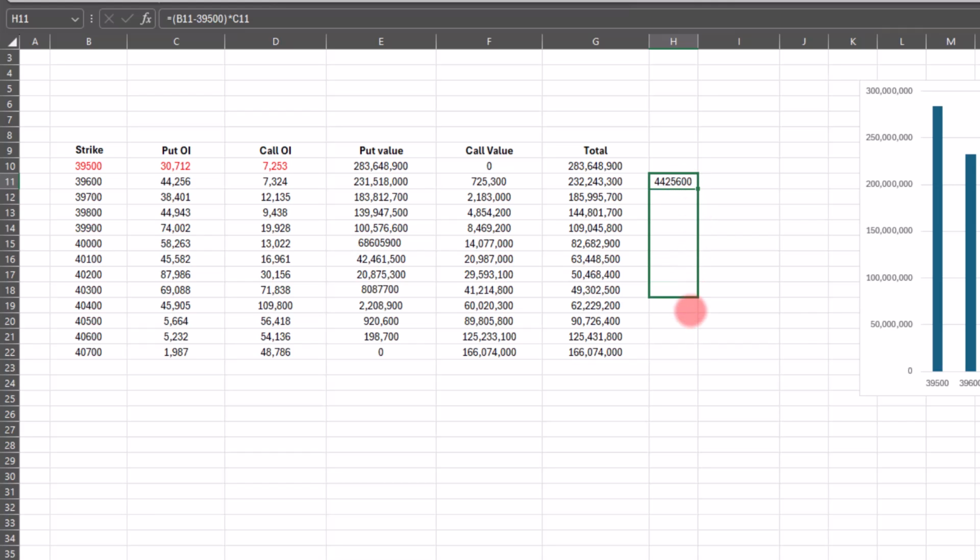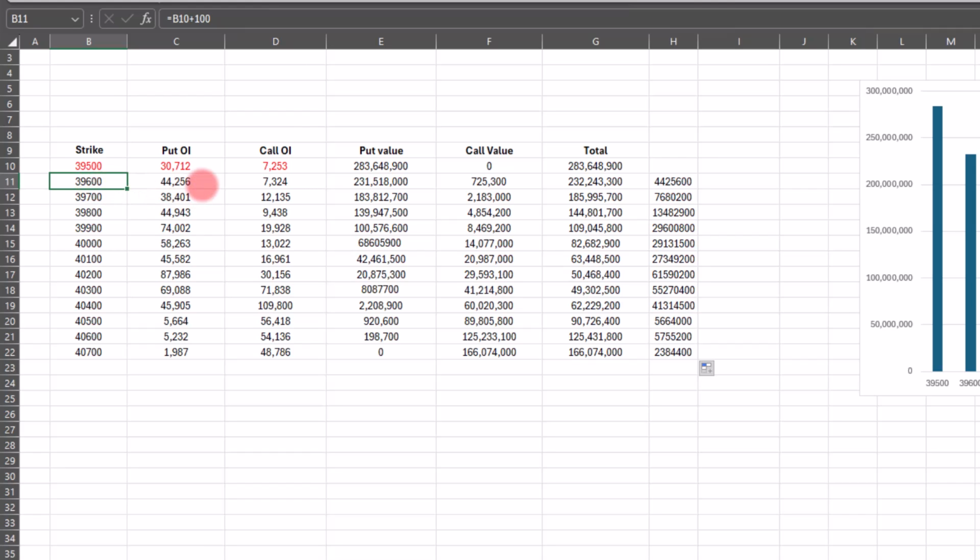And we're going to copy this down. So it's just saying the 39.6 strike put would be 100 points in the money times 44,256 contracts. And that's what that number is right there. The 39.7 put is 200 points in the money times 38,401 open interest, and that's what that number is.